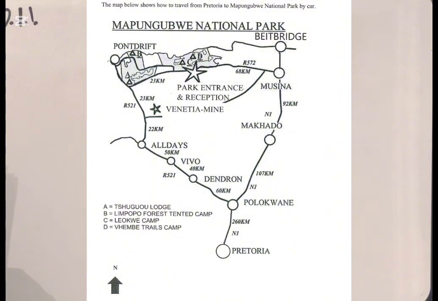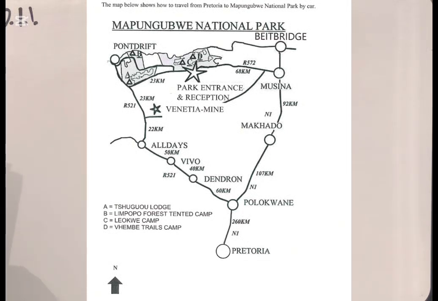Or you can use the other direction, whereby at Polokwane you turn left. You go to Dendron, and then you drive and you'll see Mapungubwe on your right-hand side.